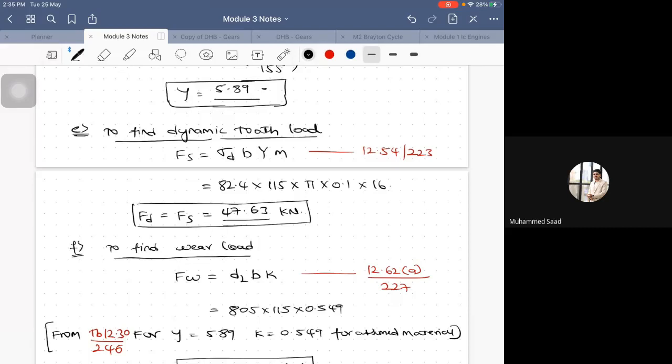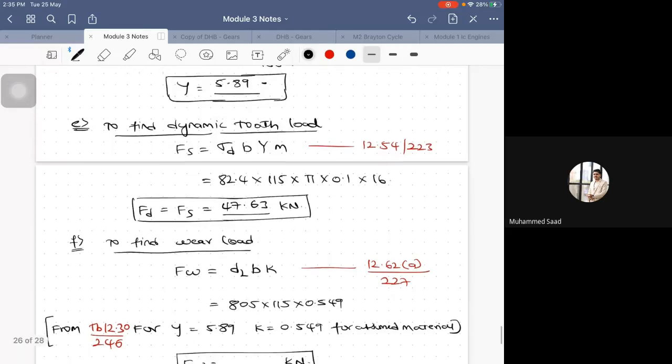That is the range given, and for the material we have assumed, the hardened steel and phosphor bronze combination, we can pick the value of the wear factor K from that table. Lead angle is 5.89, no? So if you pick it, it would be 0.539.